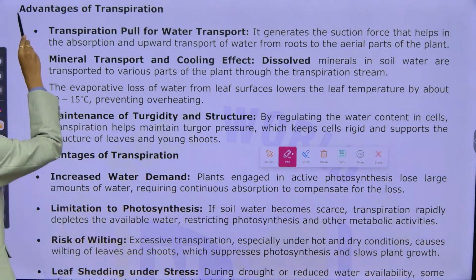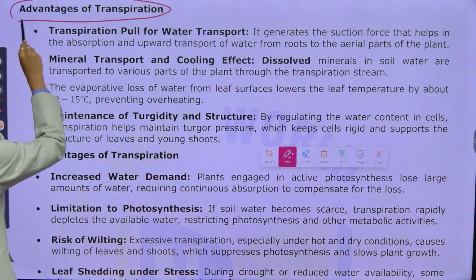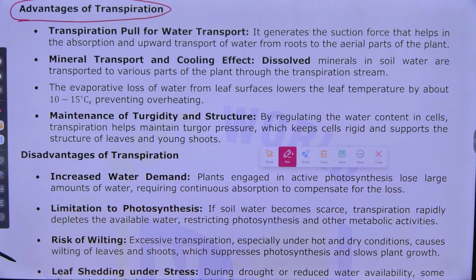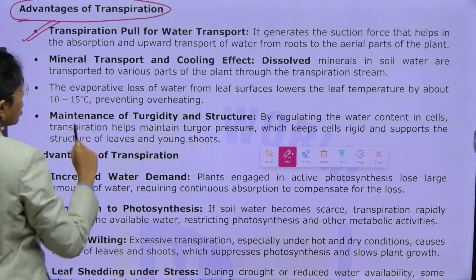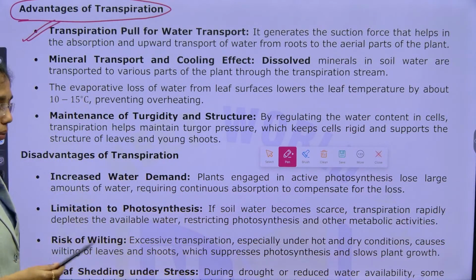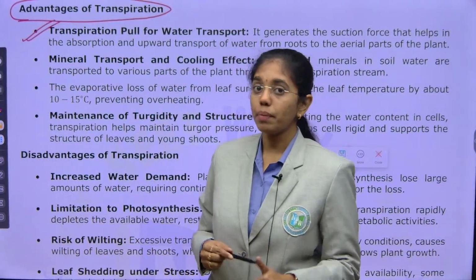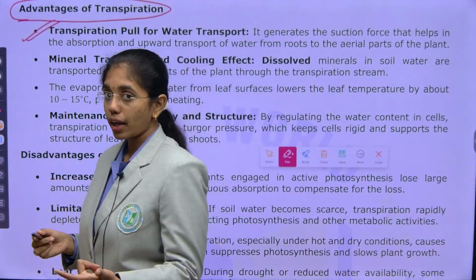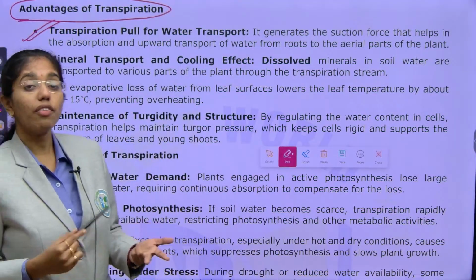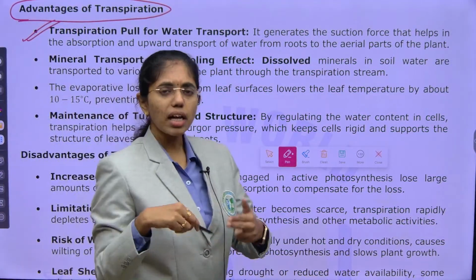Here you see the advantages of transpiration. Transpiration pull for water transport. This is one advantage, because we have learned how transpiration pull is helpful. It is the driving force for ascent of sap. Cohesion and adhesion water interactions will be increased. This will give a cooling effect to the leaf. These are the points you can include.